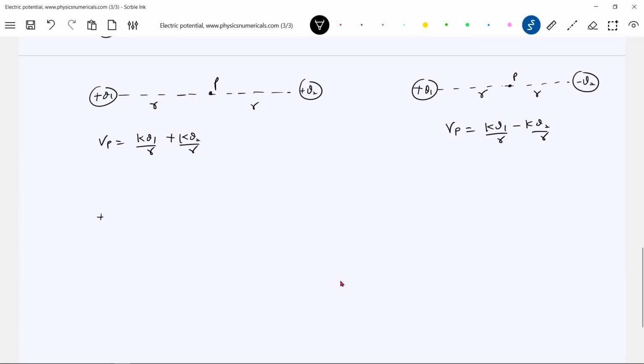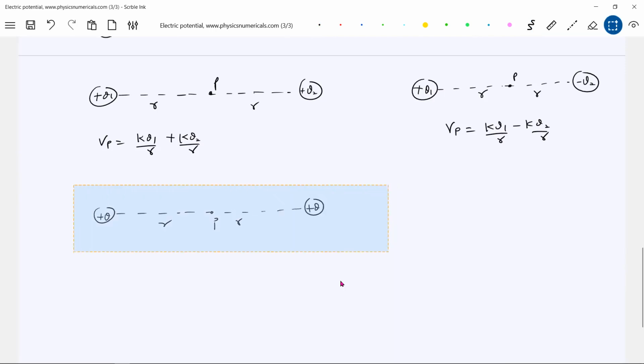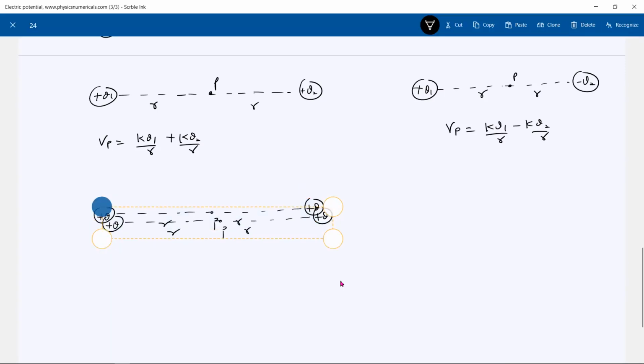If there are 2 identical point charges, let me discuss all the possible cases.